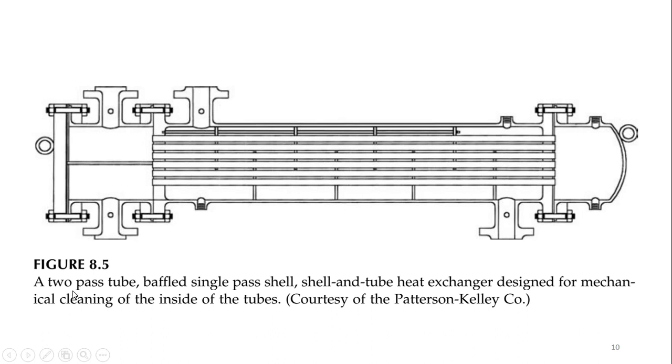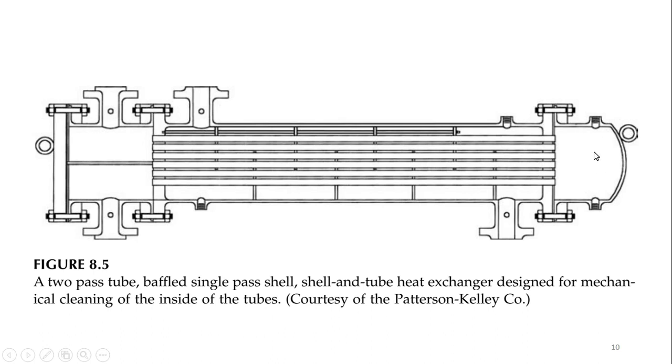So the next category is a kind of shell and tube heat exchanger. It is a 2-tube pass baffled single pass shell and tube heat exchanger designed for mechanical cleaning of the inside of the tubes. So these are the 3 tubes, 1, 2, 3, right? Let's take an example. The fluid is entering into this compartment, into the front head, and the liquid will flow in these 3 tubes and come here into this head.